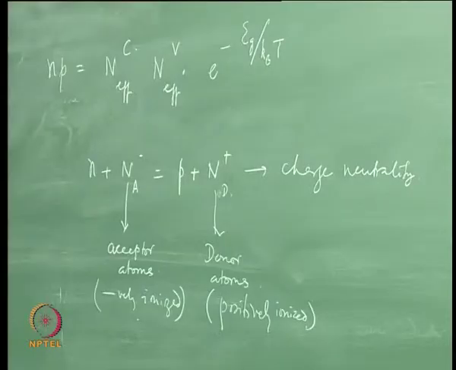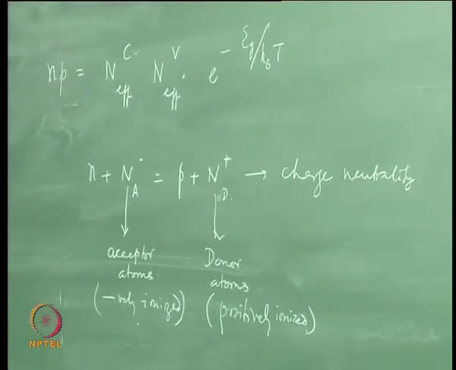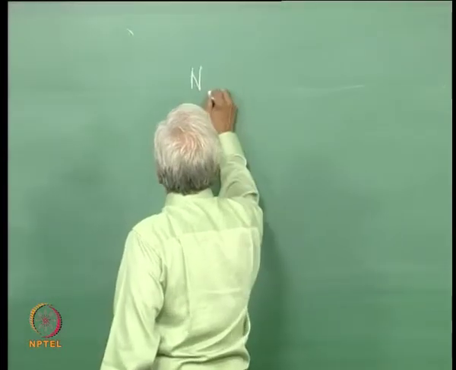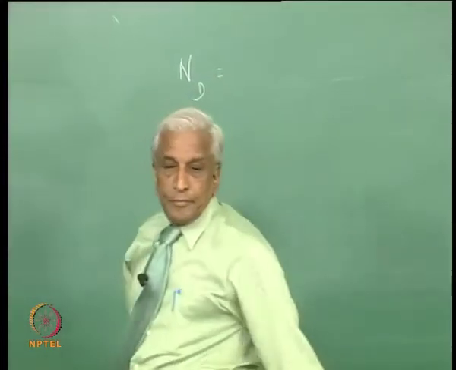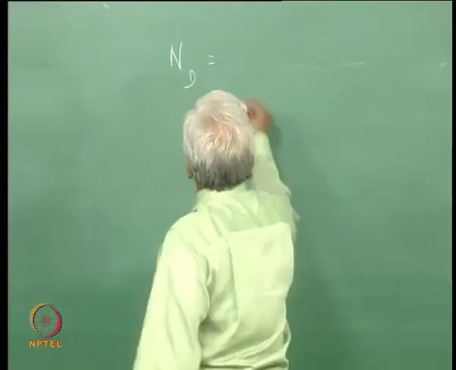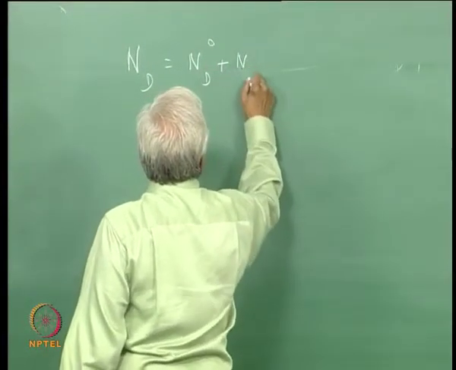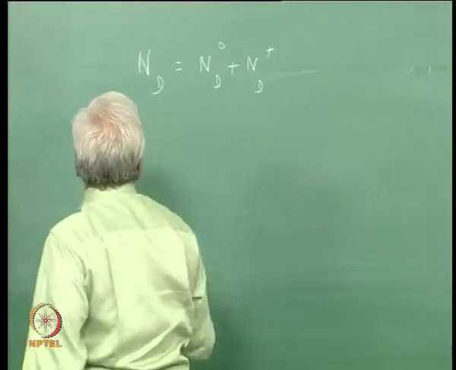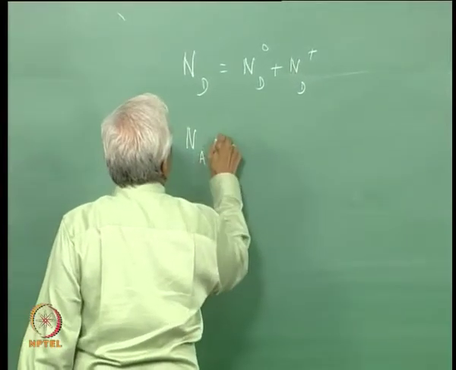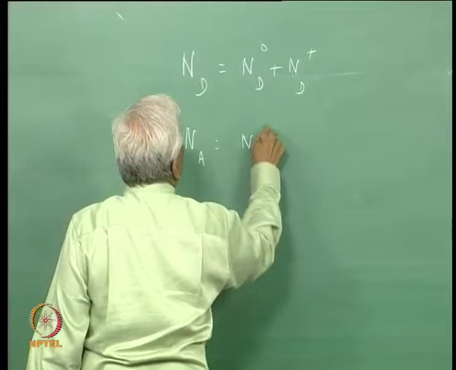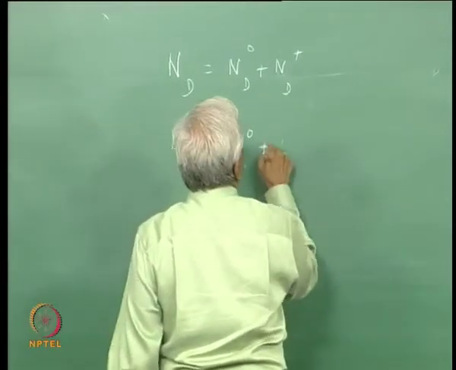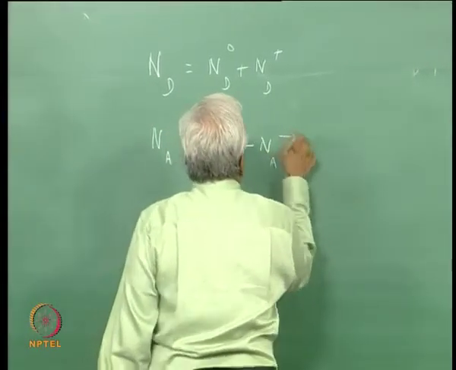Now, N_D, the concentration of donor atoms, can be written as N_D0 plus N_D plus, and similarly N_A is N_A0, the neutral acceptor atoms, plus N_A minus.